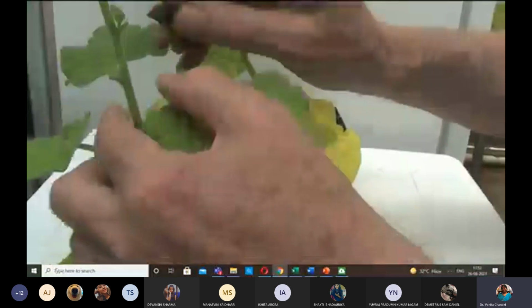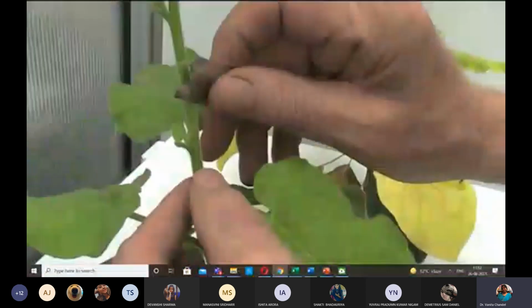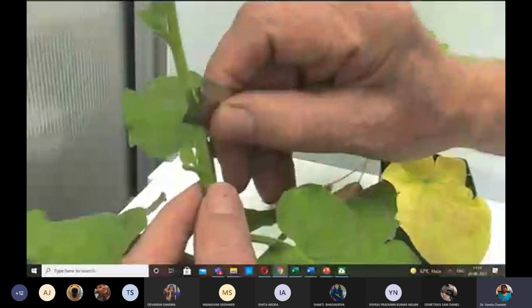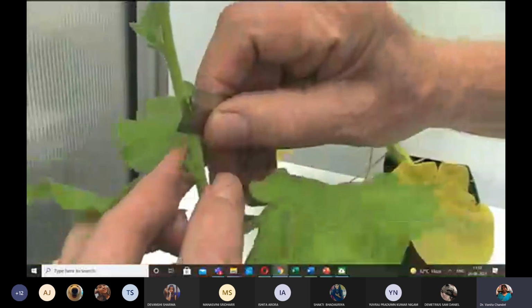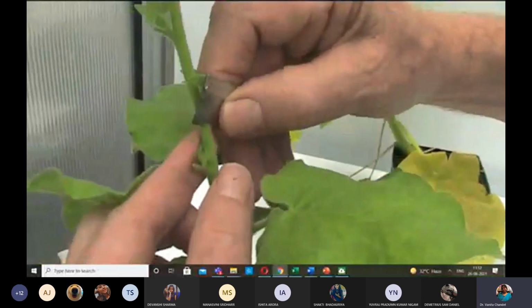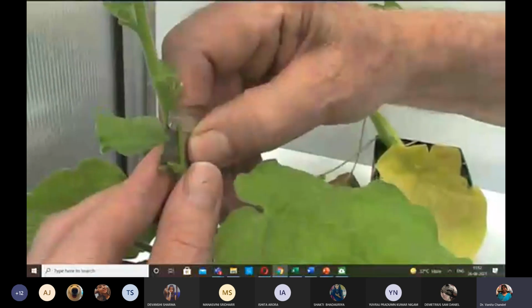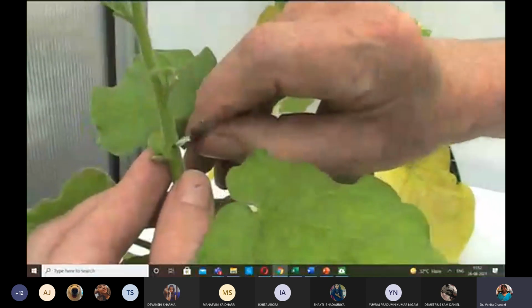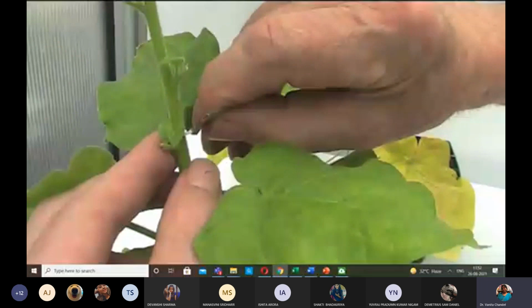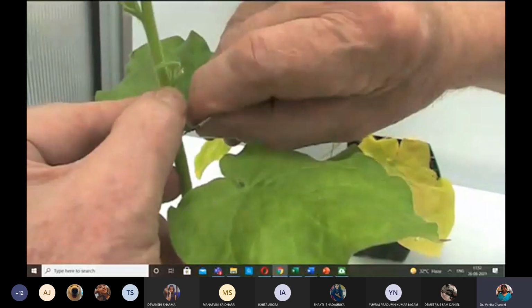I'm now going to take a patch of tissue from the stem of this plant. So I'm going to cut into the vascular bundle, the vascular ring. I'm now going to cut down parallel with that, and then cut at an angle a small patch.